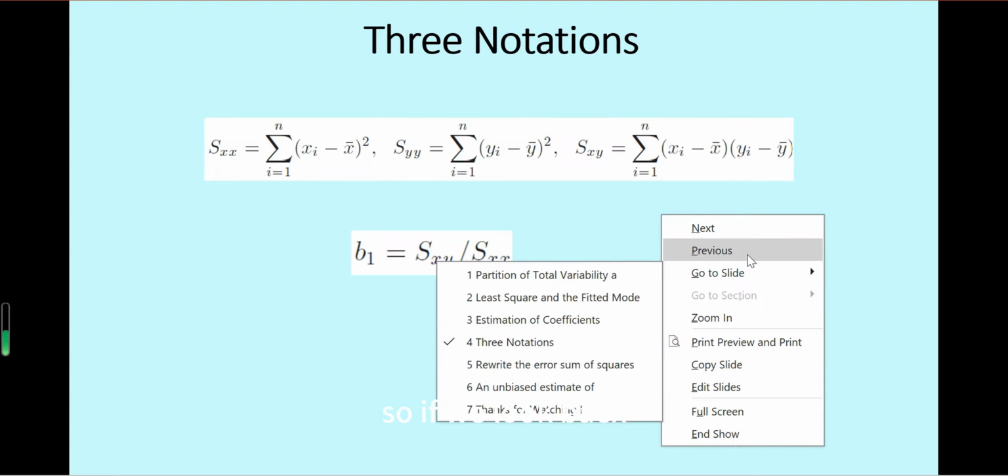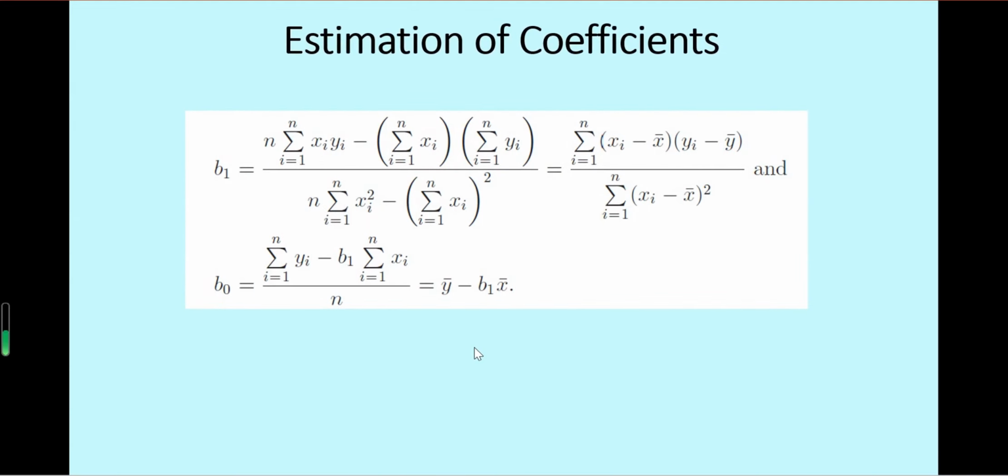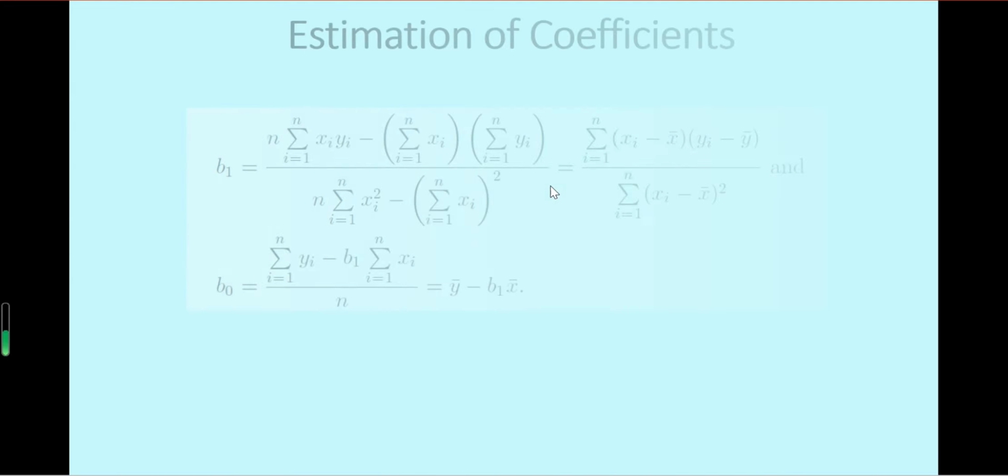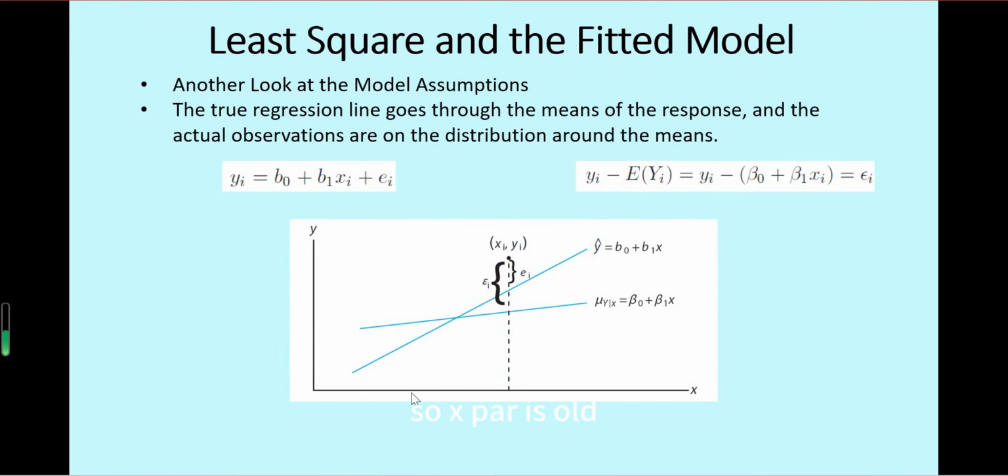So if we look back, x bar is the average of all x values, and the y bar, of course, is also the average of all observations.